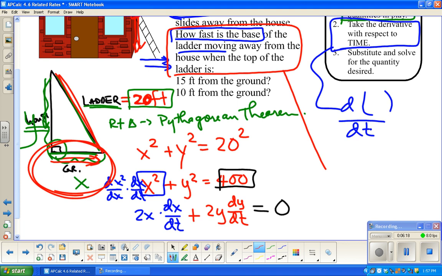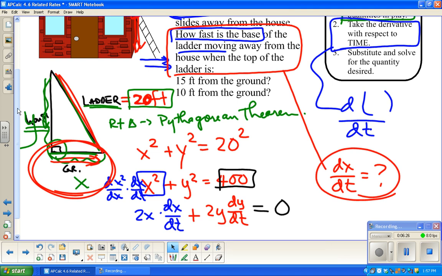Well, that's the rate of change of x. I want to know dx dt. That's what this question is actually asking me for. Okay, so I want to just make a big stink out of that. There it is. And again, how fast is the base of the ladder, so at the bottom, moving away from the house. So again, that's in the x direction.